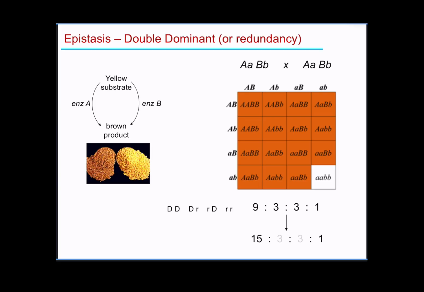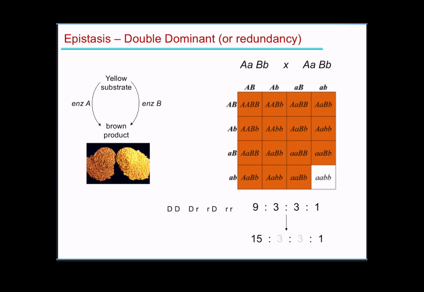So in this particular example, we have a species of rice in which there is a yellow substrate that gets converted into a brown product, a brown pigment, by either enzyme A or enzyme B. So all you need is either of them working, and you'll see that brown product. The easiest way to understand this is to flip it around and ask, when will I not see brown rice grains?